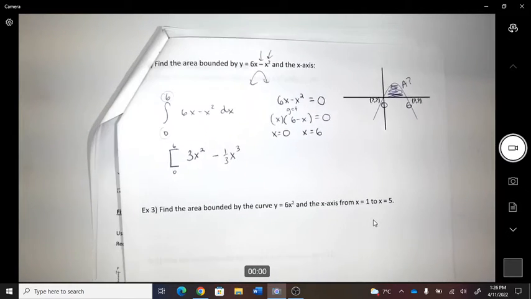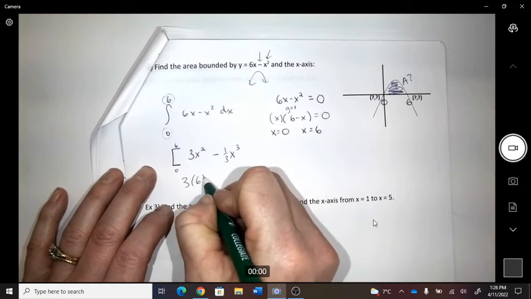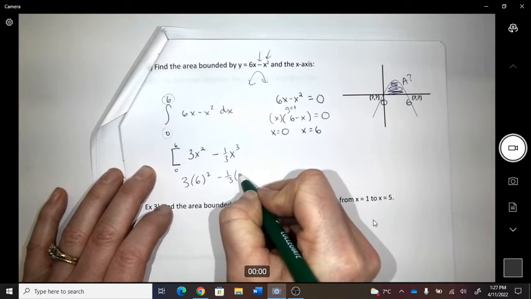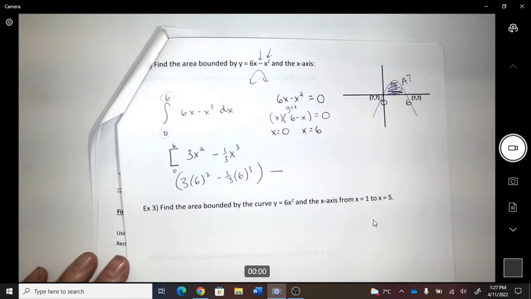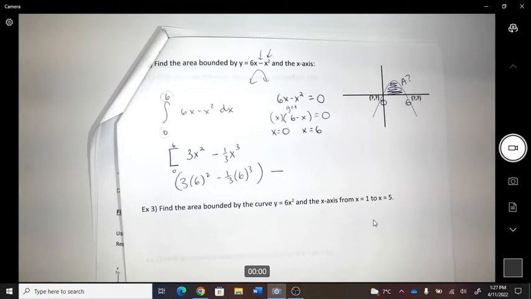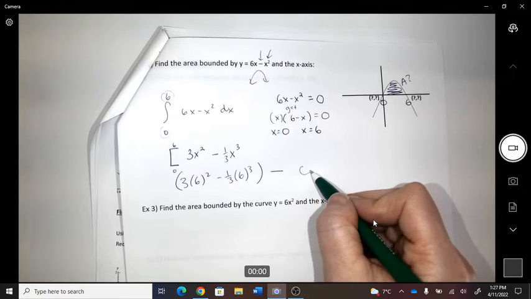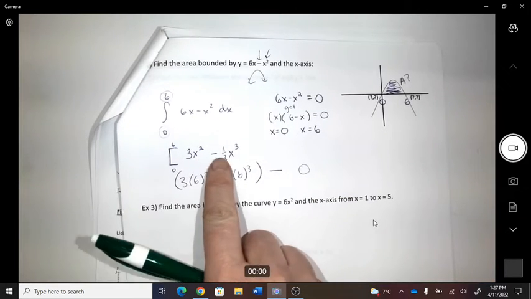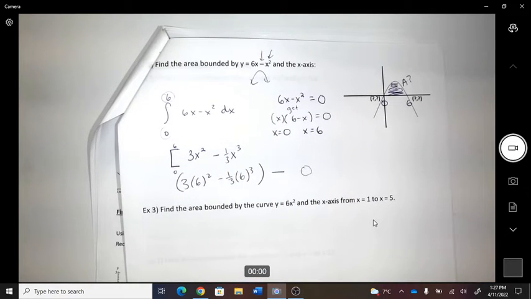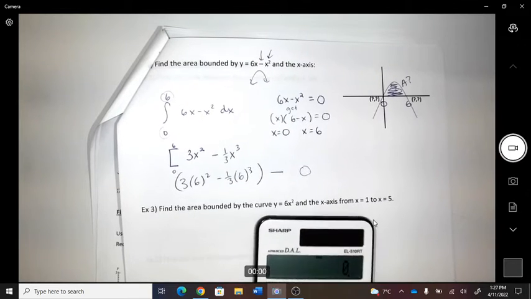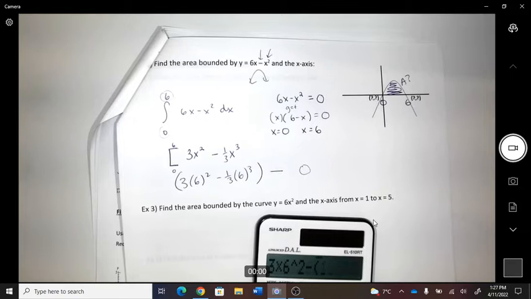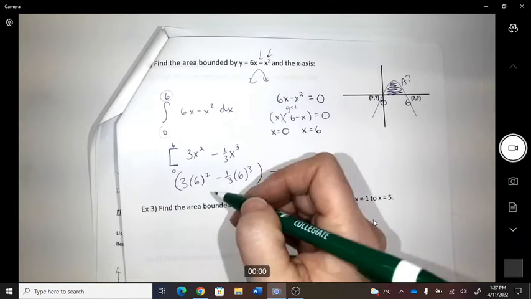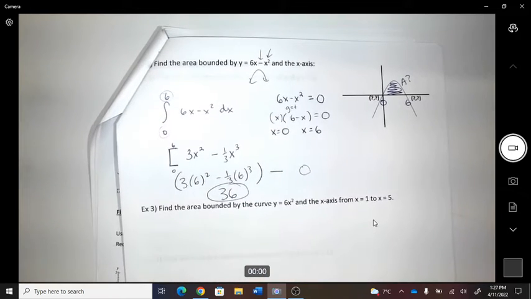Okay, now I know my numbers to plug in, so I'm going to plug in a 6 minus, are you okay if I just write 0? Because if I plug a 0 in, that's what's going to happen. I can see it. And I get 36 as the area.